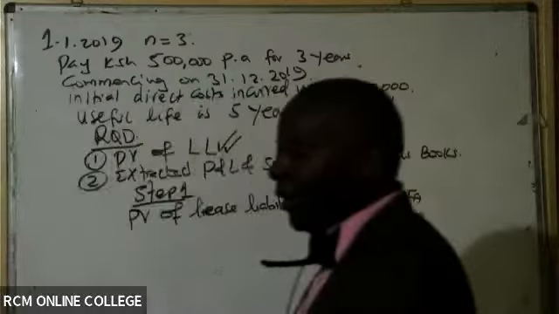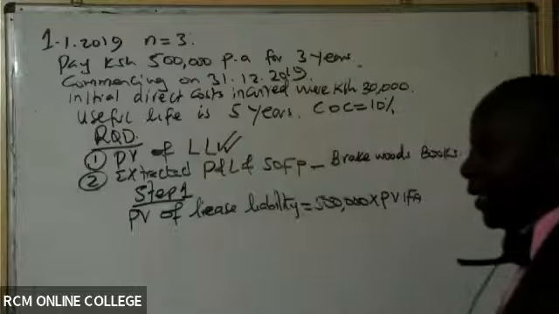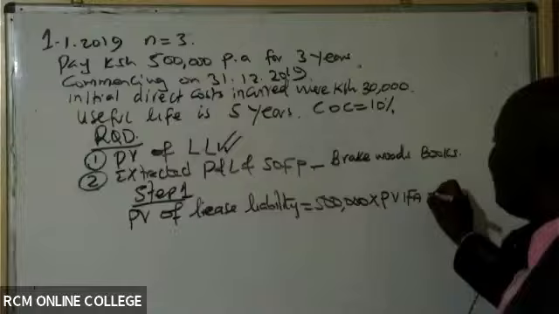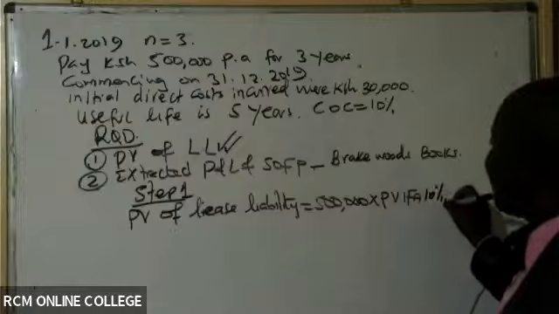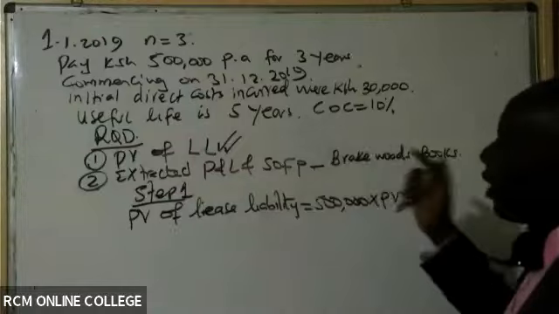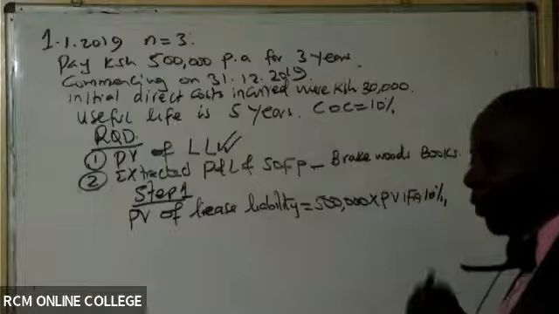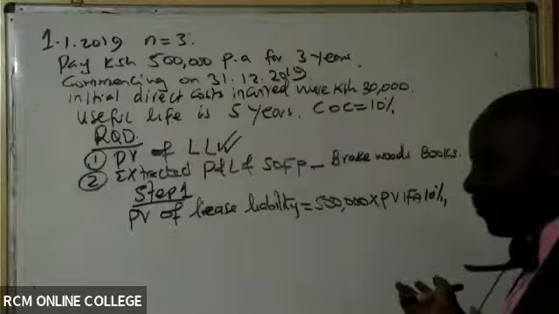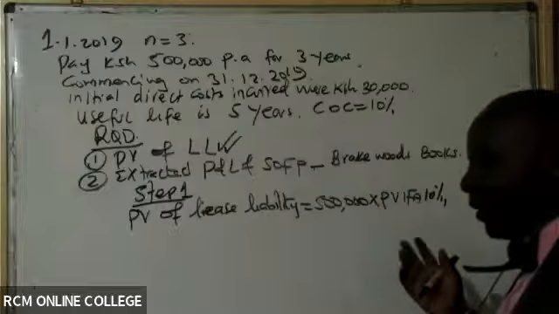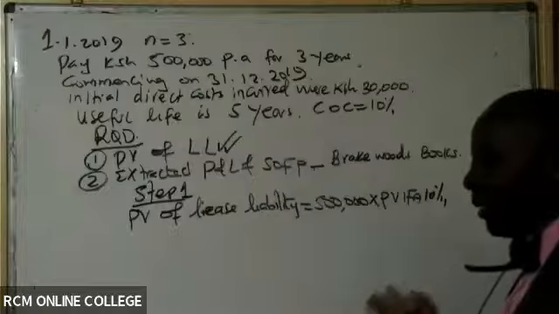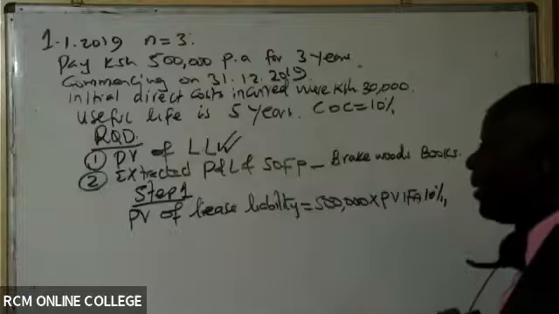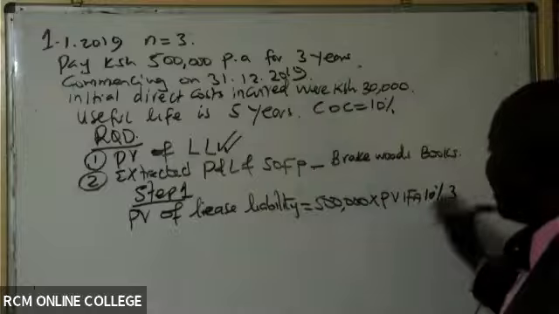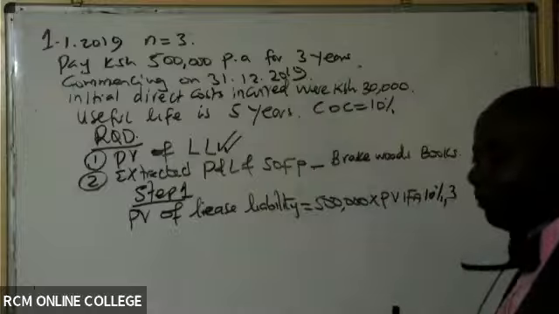For how many years are we going to pay this 500,000? Remember, 500,000 will be payable over the lease time. We are paying this for 3 years.